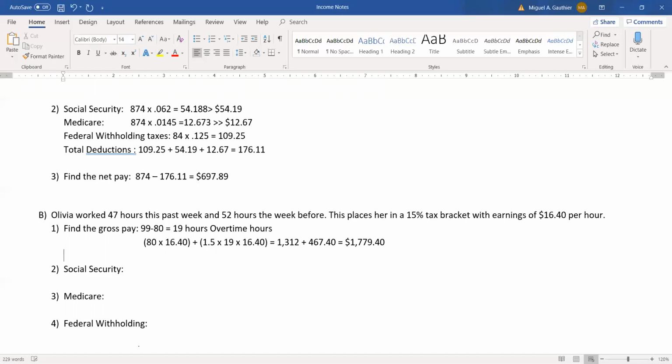So there we go. Social Security is 0.062 times the 1,779.4. That gives us $110.3228, which of course we only have 2 decimals in money, so $110.32. Medicare, going back to that, 0.0145 times 1,779.4.